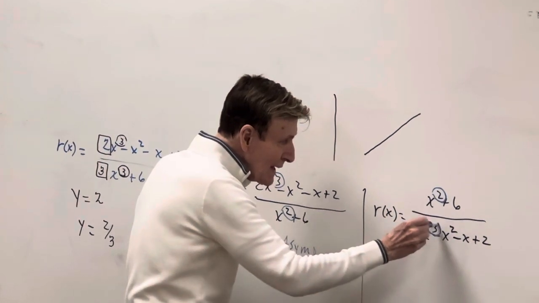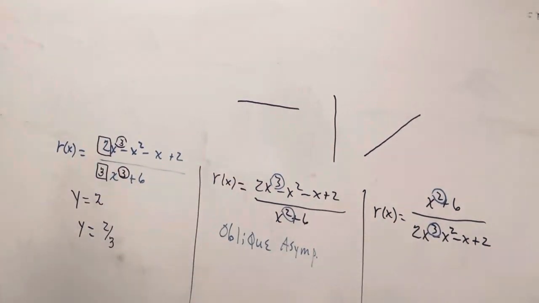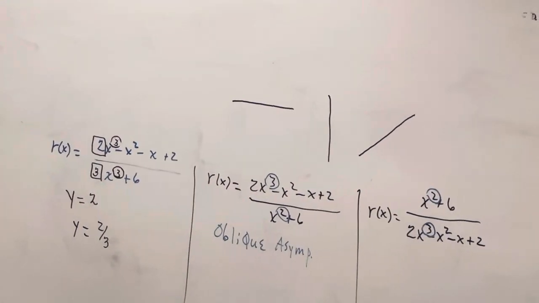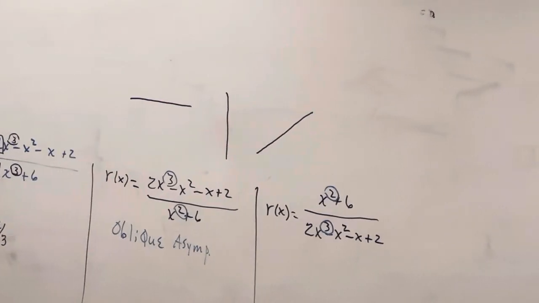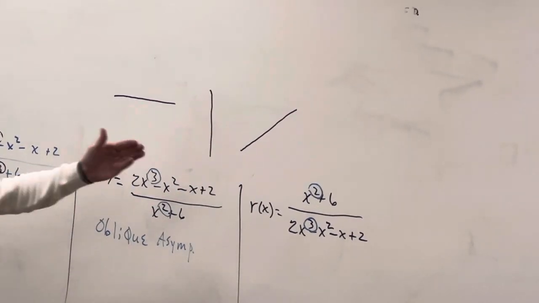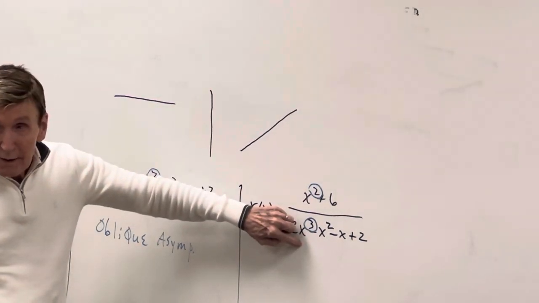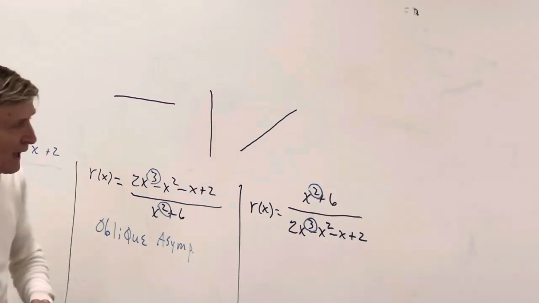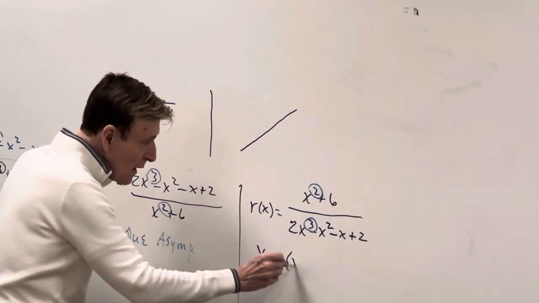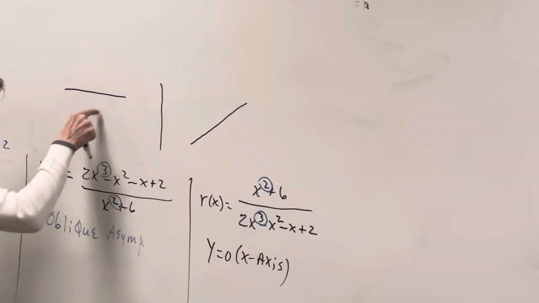And the one on top is not exactly one larger than the one on the bottom, like I did for an oblique. But is the degree on top smaller than the one on the bottom? If it is, you automatically will have the x-axis, which is y equals 0, acting as your horizontal asymptote.